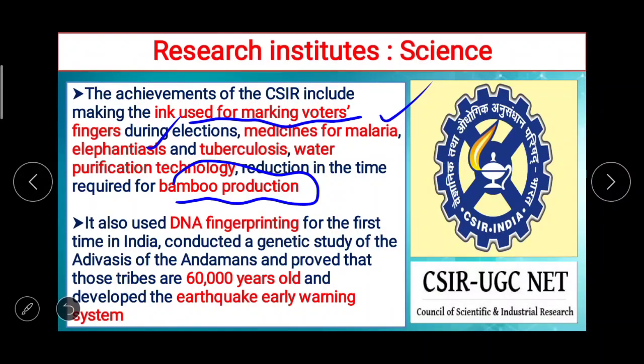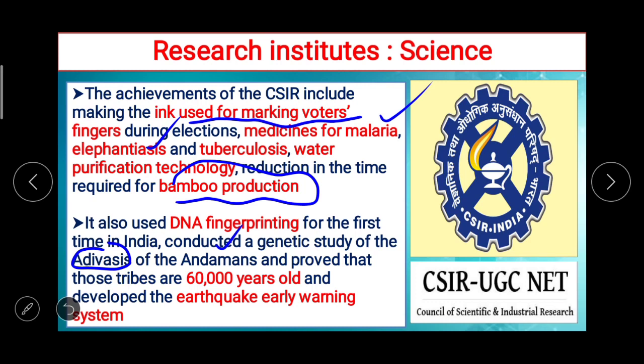It also used DNA fingerprinting for the first time in India, conducted a genetic study of the Adivasis of the Andaman and proved that those tribes are 60,000 years old, and developed the earthquake early warning system. So altogether we can say that the CSIR is very useful in the field of research, and this one, especially about the Adivasis, is a very important thing.